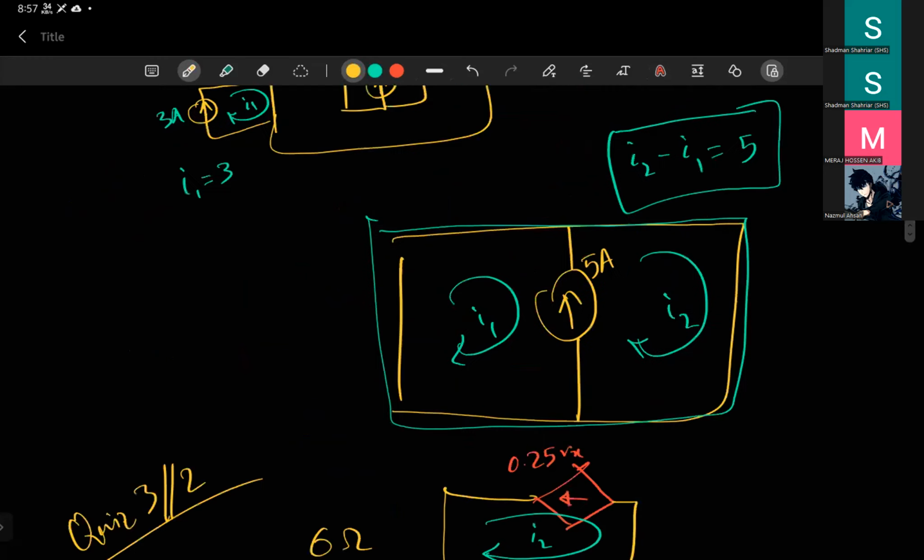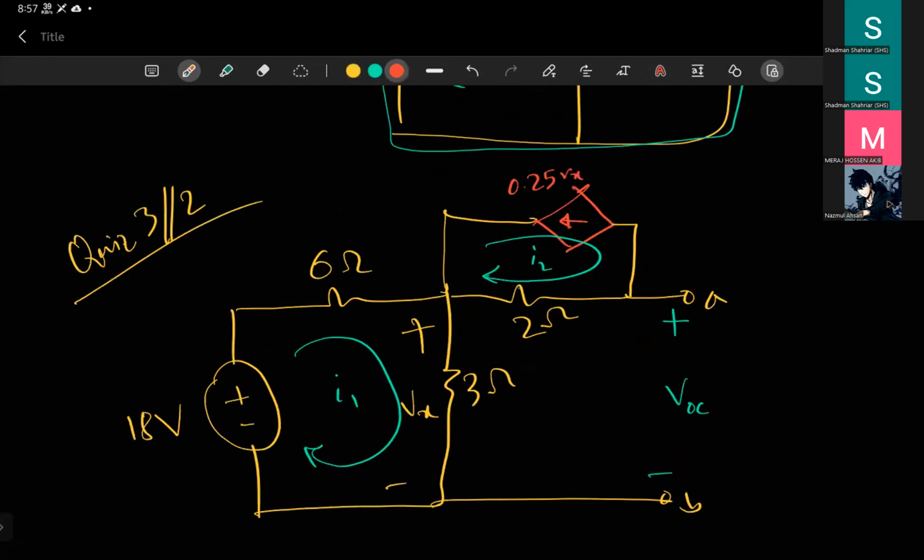So if we try to write the equation here, the direction of I2 is in this direction through this current source. So I2 should be 0.5 Vx.